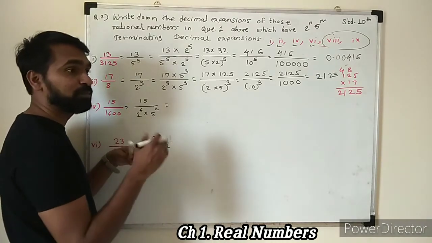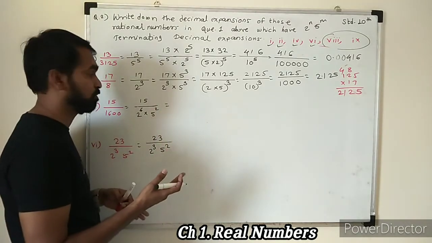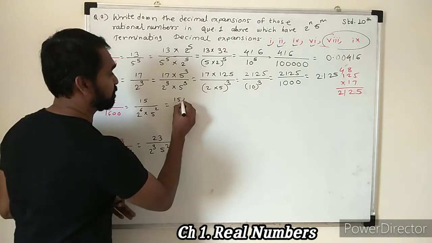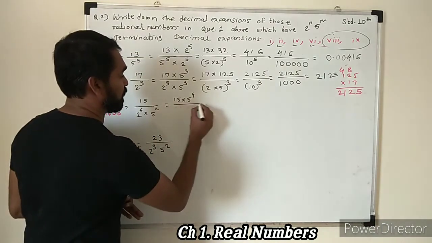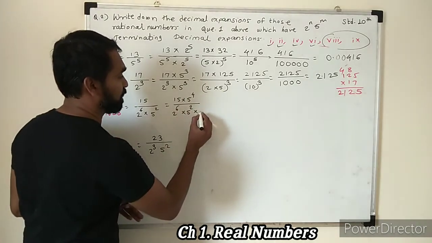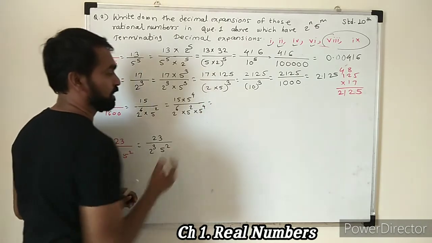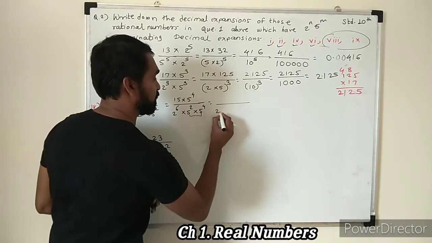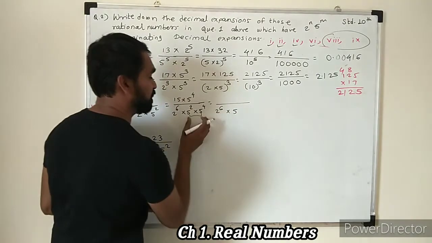That means you have to multiply by 5, 4 times. Right. So 15 multiplied by 5 raised to 4 upon 2 raised to 6 multiplied by 5 raised to 2 multiplied by 5 raised to 4. Right. Now see here both bases are the same, that is 2 raised to 6 multiplied by the addition of the powers.